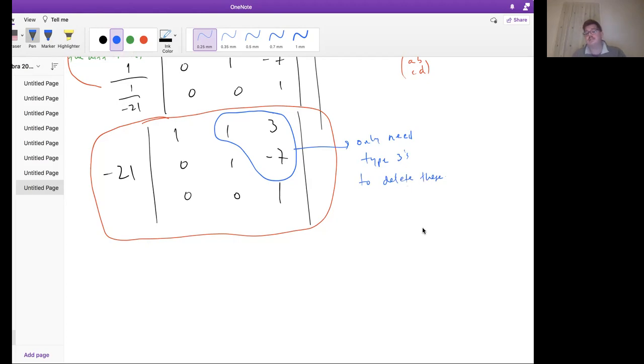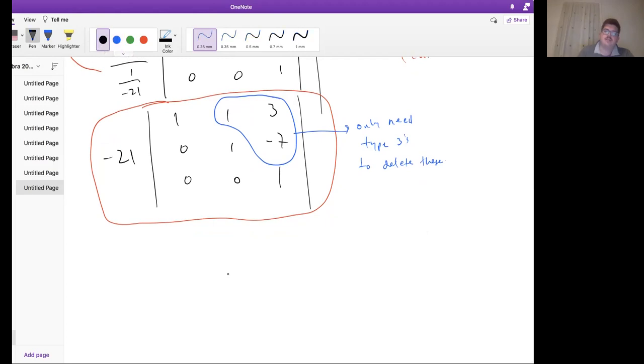So we said that type 3s do not change the determinant. So that means the answer is -21, because this is row equivalent using only type 3s to identity. Okay. Any questions on that?